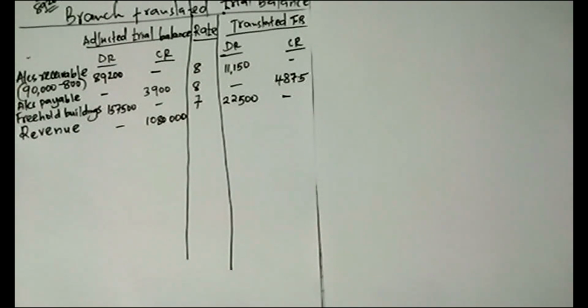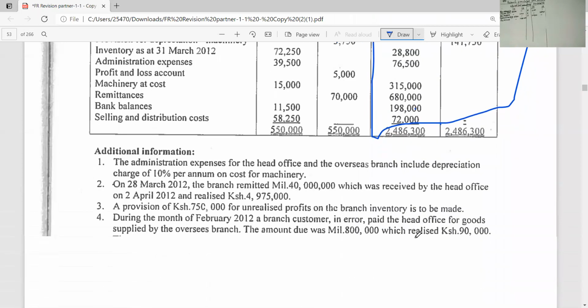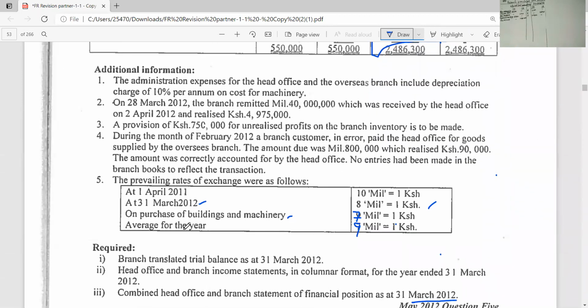For income statement items, like incomes and expenses, even revenue, we use the average rate. And the examiner provided the average rate, as given down there, 9.